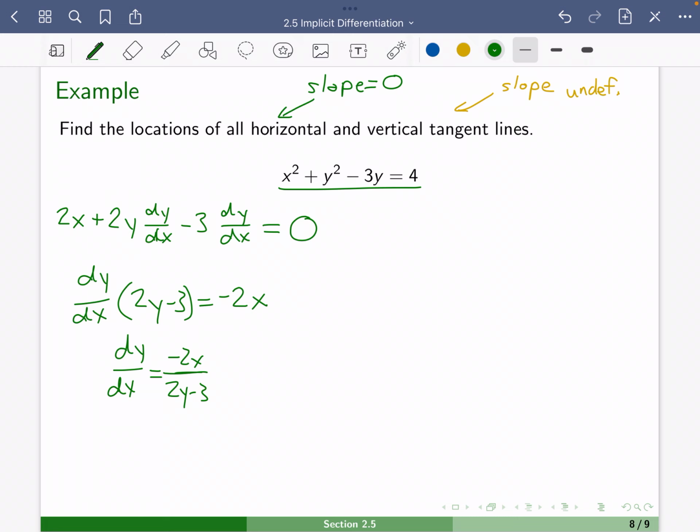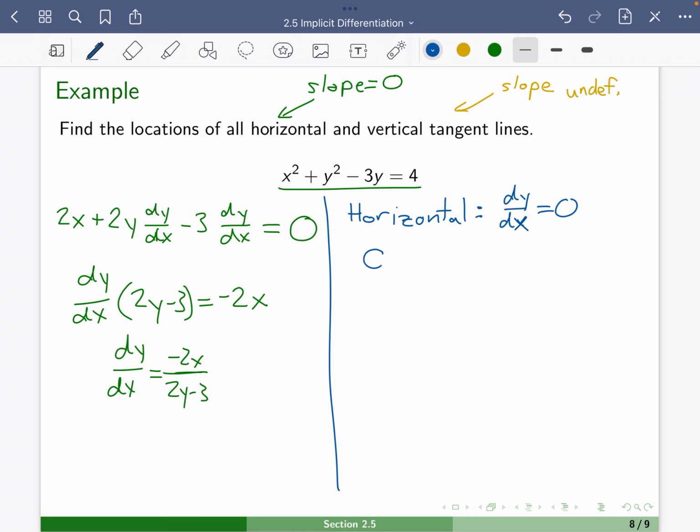Now, what do we need to do? Now we need to find where the horizontal tangent lines are. For our horizontal tangent lines, we need dy/dx to be equal to 0.